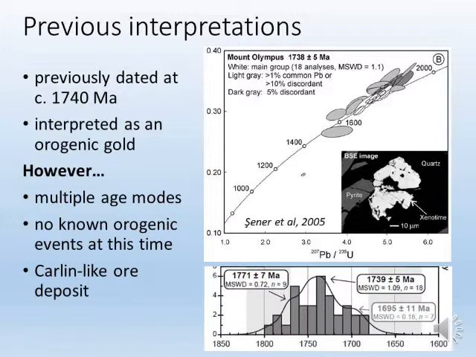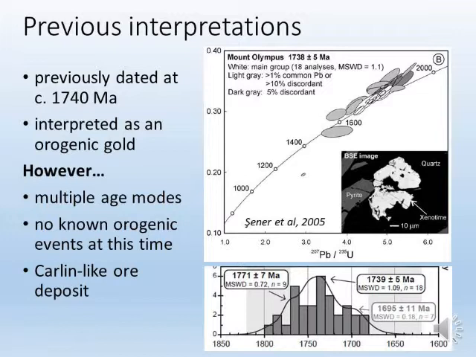On top of that, it was previously interpreted as an orogenic gold deposit, but it has a lot more characteristics of a Carlin type deposit, which I'll talk about soon. The main reason is this is their data plotted as a probability plot, and it has three age modes. One's at 1770, which is the 1820 to 1770 Capricorn orogeny.